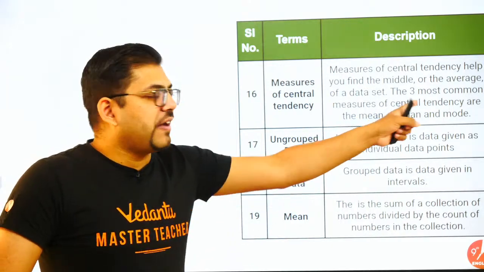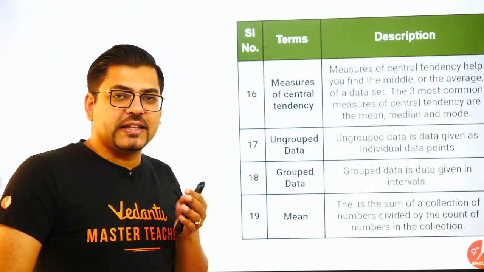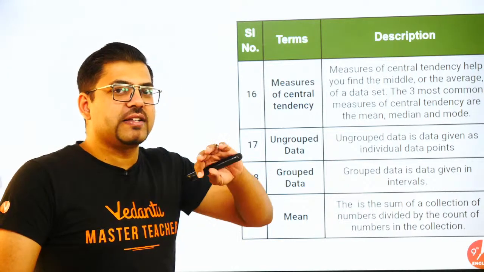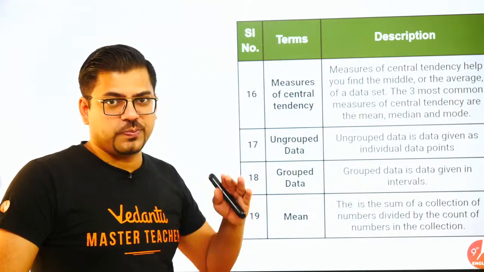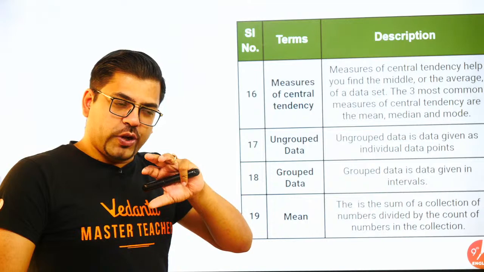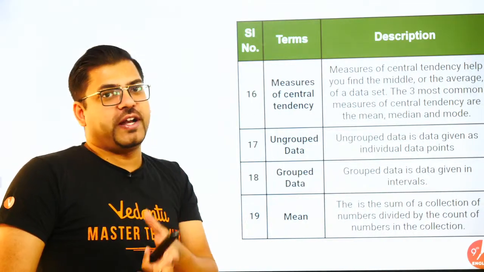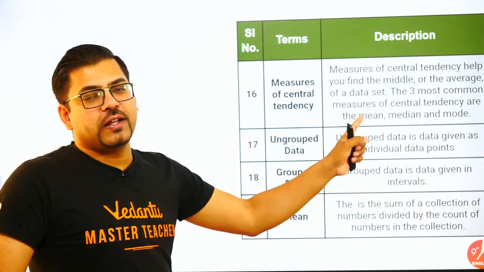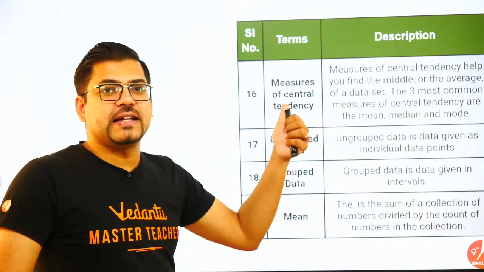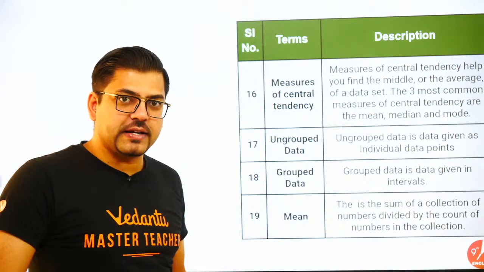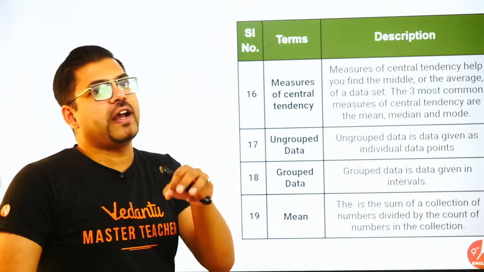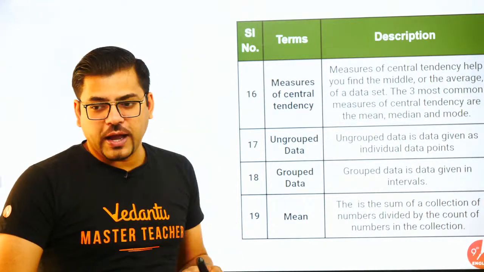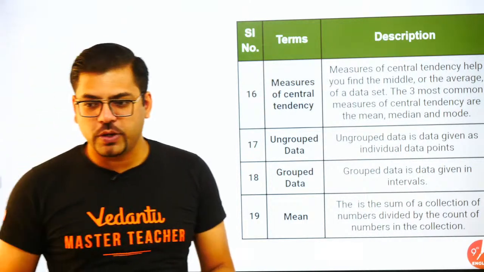Because these three values somehow give us something around the middle value, or the extract of the data. So that is why we call mean, median and mode central tendency. Measure of central tendency is the entire chapter we have to study in class 10th. I hope you all understood that. Mean, median, mode, absolutely right.